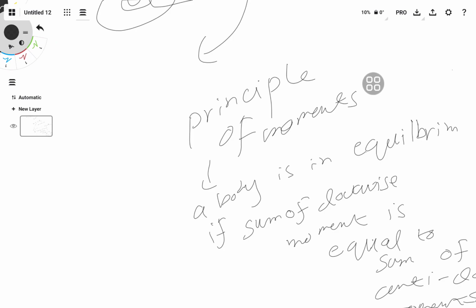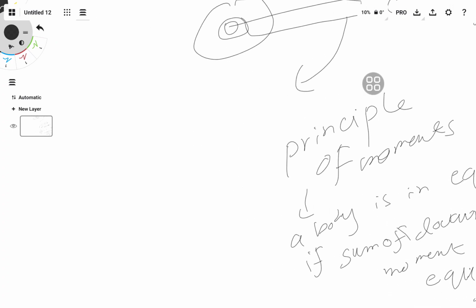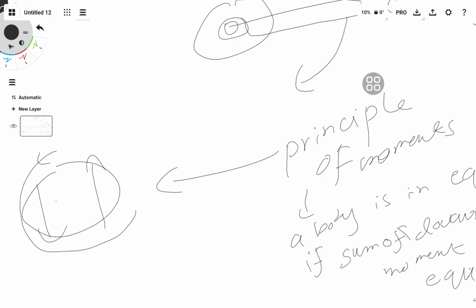So that is the principle of moments. Next we have a couple, which is basically a derivative of this, but it acts on a circle. Like we have this force here, it only pushes in the circular direction.